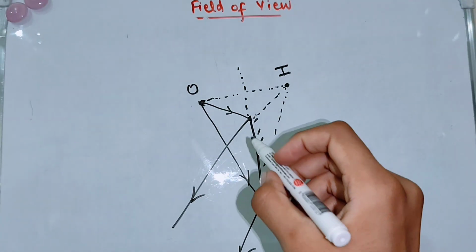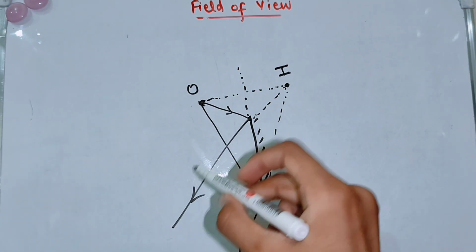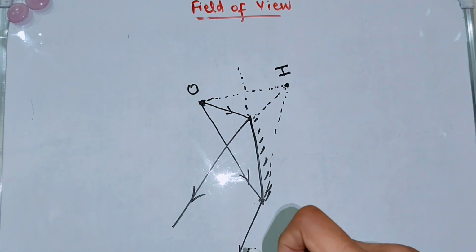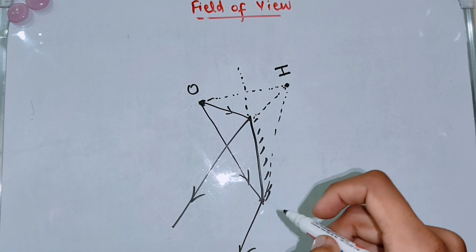These are nothing but the reflected rays of these incident rays. So the field of view is actually just the region between the extreme reflected rays.